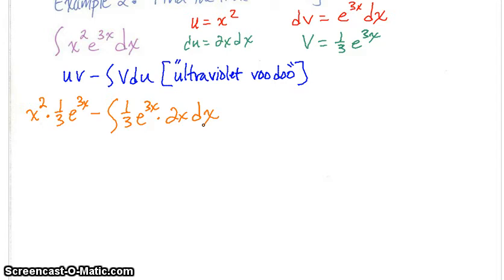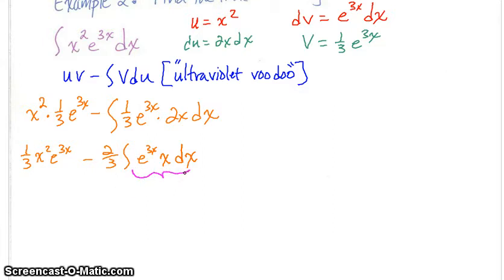Now what I need you guys to realize is if we rewrite this very nicely, 1/3 x squared e to the 3x minus 2/3 integral e to the 3x 2x dx. Oops, sorry, not 2x, but just x, because I pulled that 2 out. x dx, that we still need to do more ultraviolet voodoo right here.